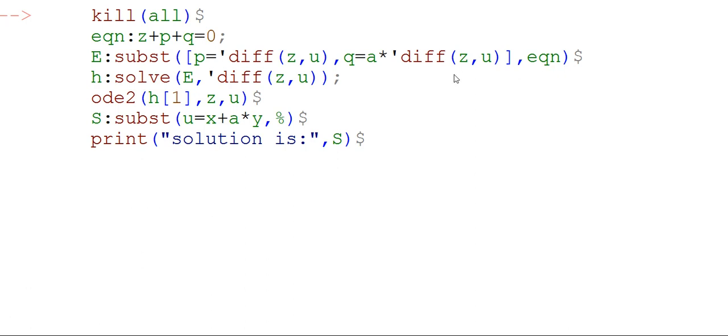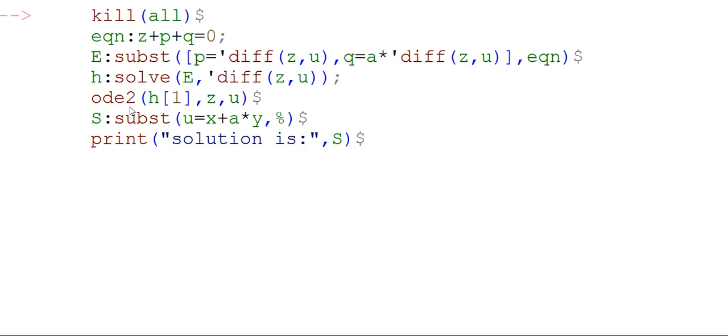So now I should find the value of dz/du from this. To find the value of that, I should give a solve command. So solve E, that is the previous equation, for diff of z comma u, that is dz/du. I am calling that as h. Now I will get the output of this in the form of an array. So I should take the term outside the array, and now this will be a differential equation. To solve a differential equation, the command that we are going to use is ode2.